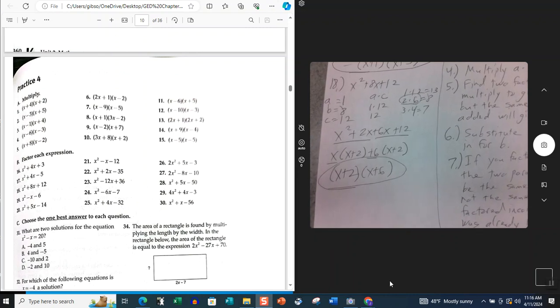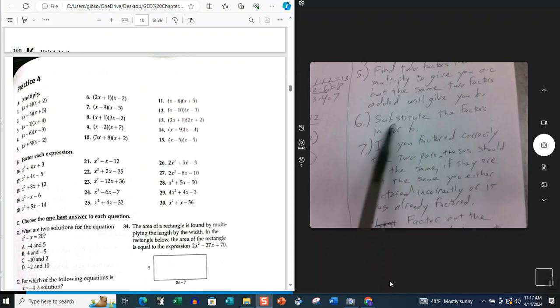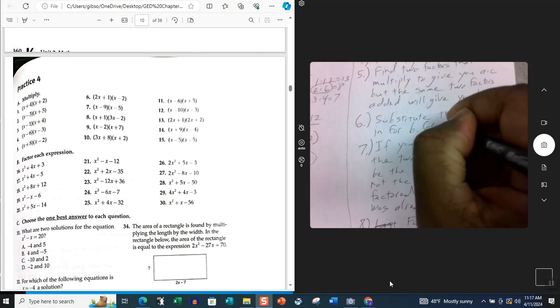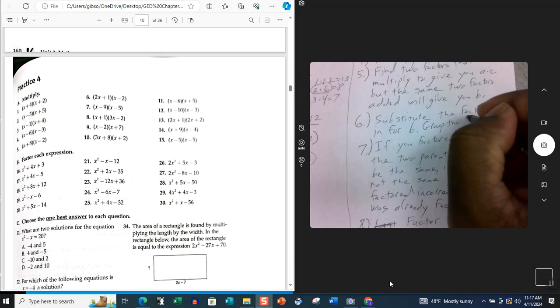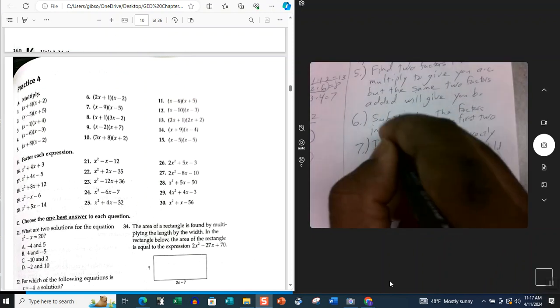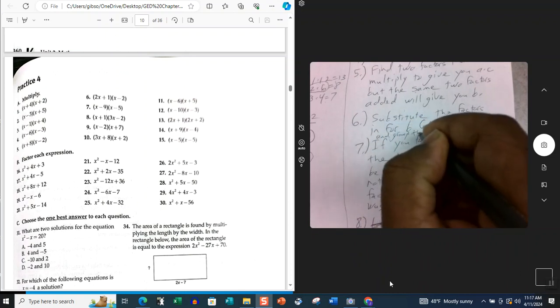Now, I have to go back and correct a step we missed. When I said, with step 6, I said substitute the factors in for b. Okay, now, when we do that, we also have to group the first two and group the second two.